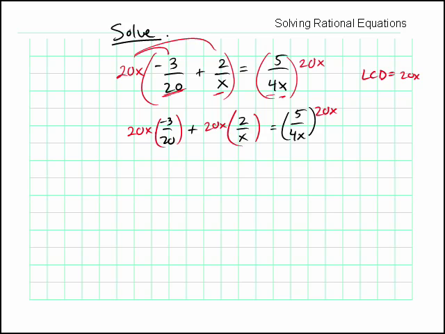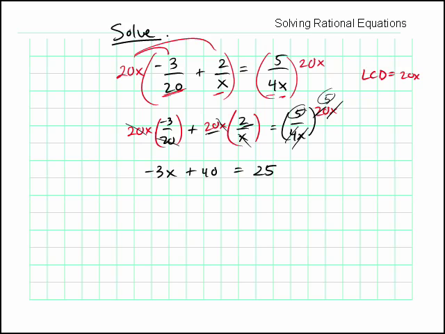Let's simplify. Here we have the 20's which disappear, and we're left with a -3x. Right here, the x's are gone. I'm left with 20 times 2, which is a 40. And here the x's are gone, and 4 goes into 20 five times, so that's going to be a 5 times a 5. I believe that's a 25.